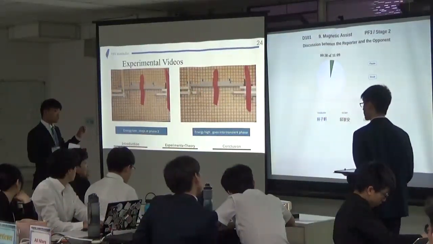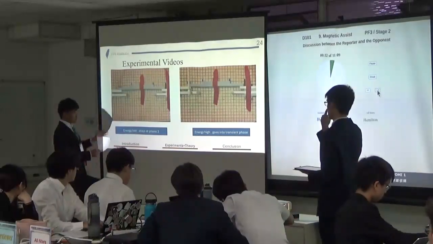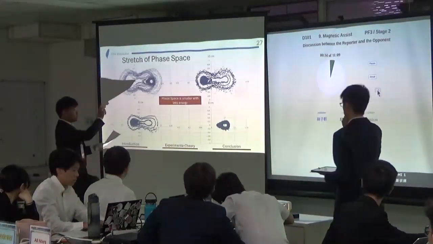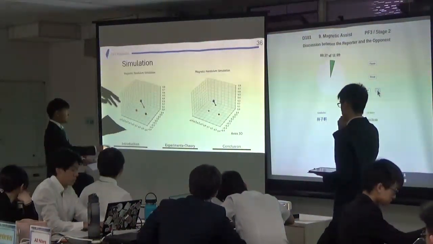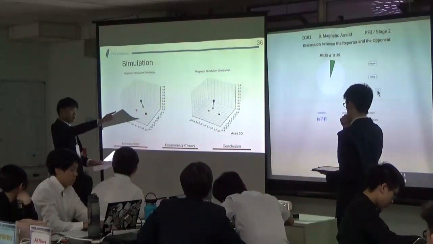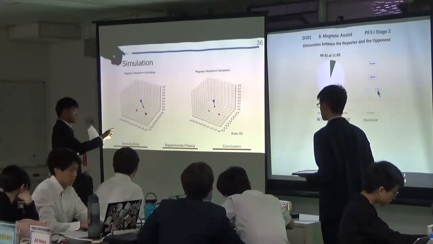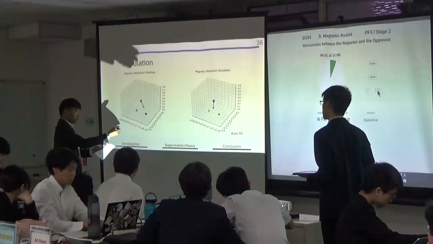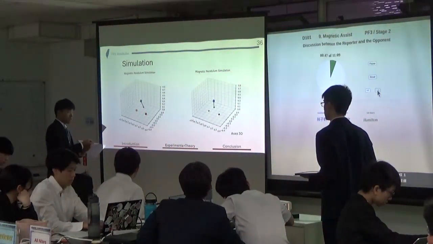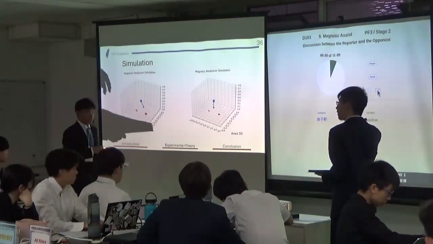If you put the pendulum right here, without the magnet base, you go like this. And when it goes like this, the magnet base pulls it back. So it actually causes the energy to decrease.